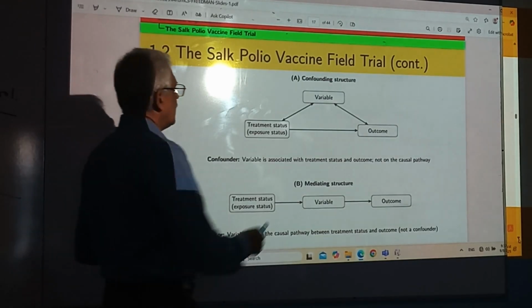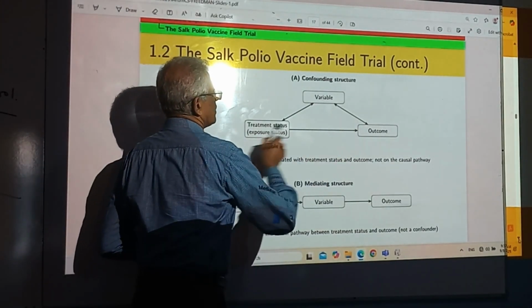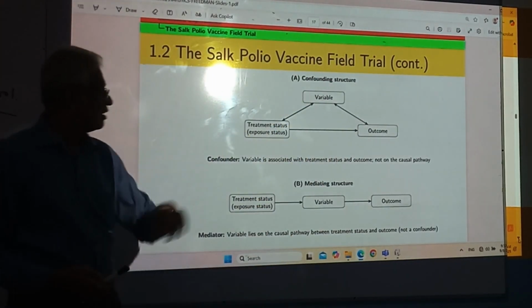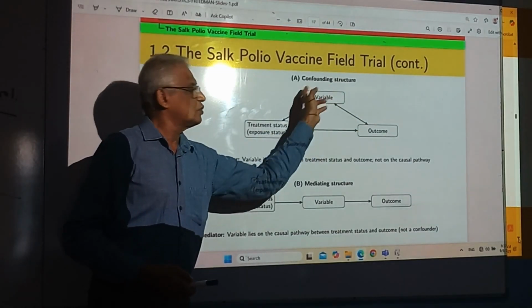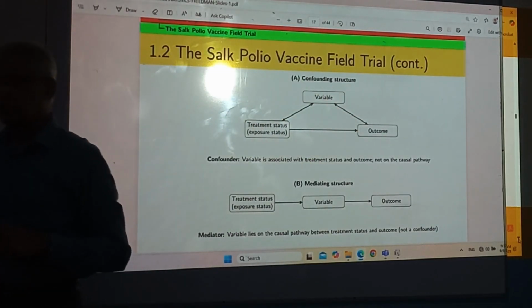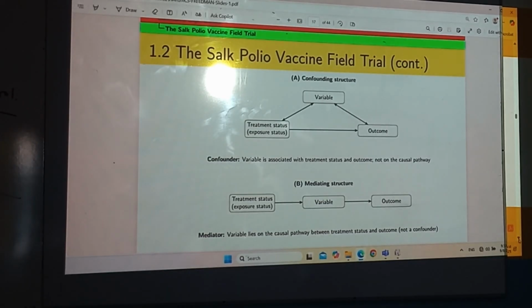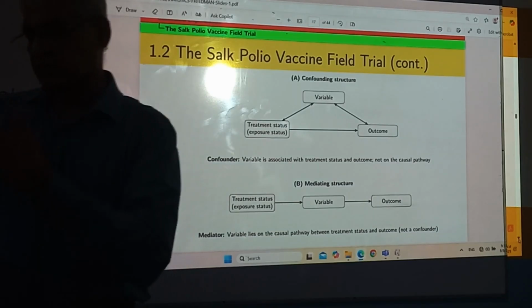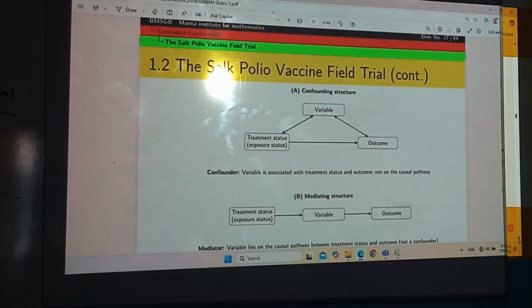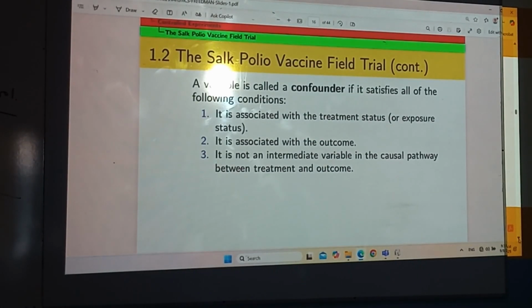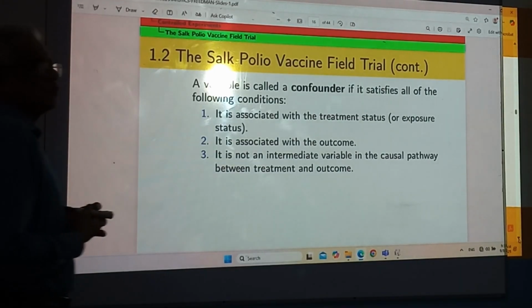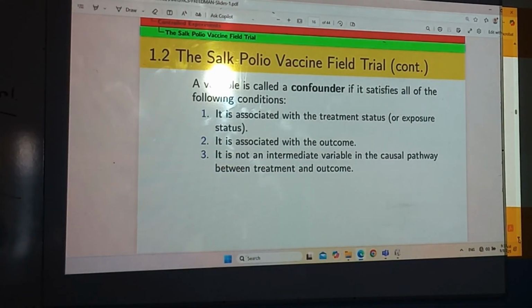We are looking at the relationship between these two, but if there is a third variable which is associated with both of these, this variable is called a confounding variable. And there are three requirements for a variable to be called a confounding variable or a confounder.